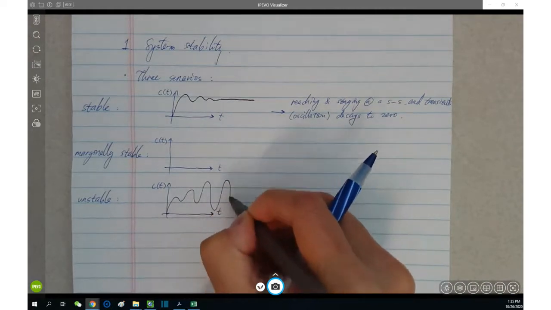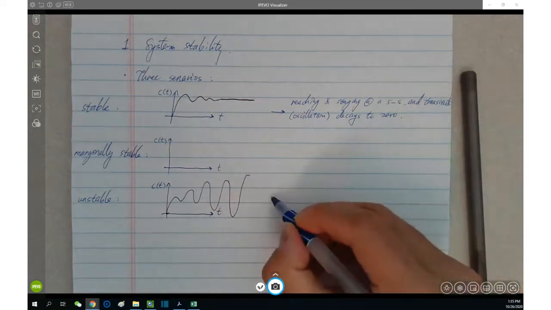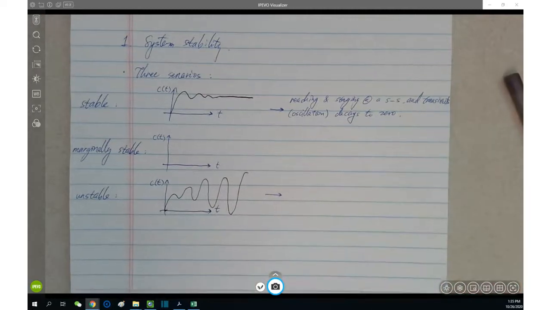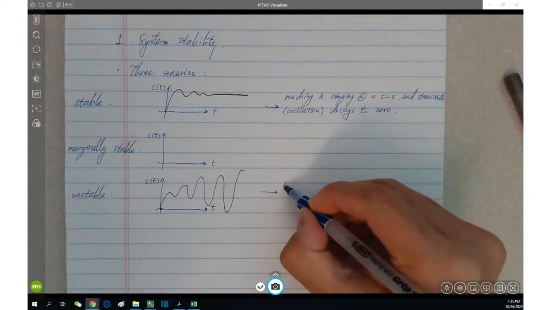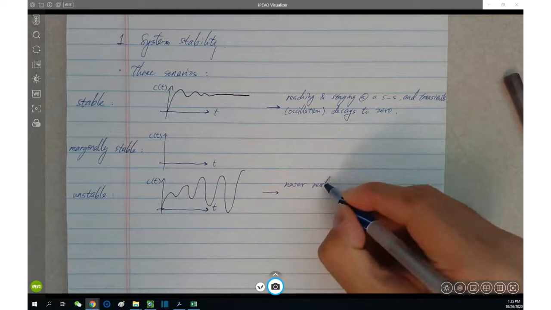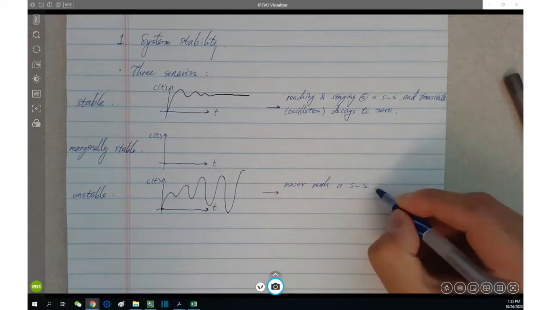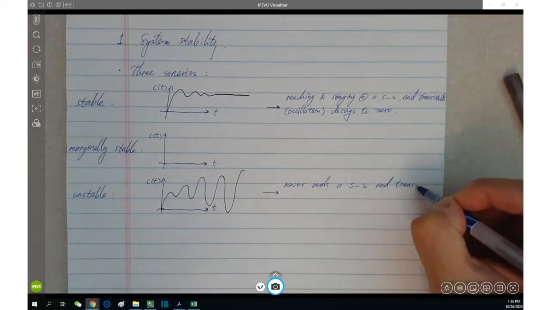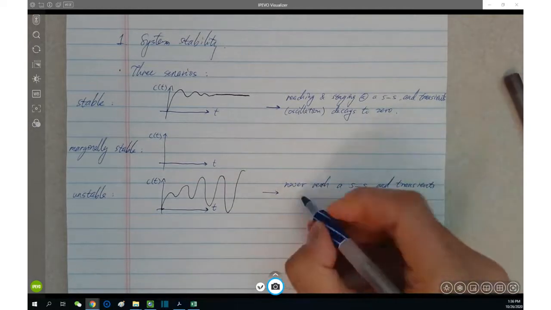What happened? We can easily call it a disaster, right? But how to describe it? So it never reached a steady state, and the transient... What happened? Growth, right?